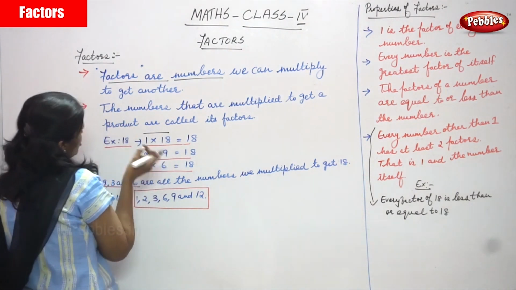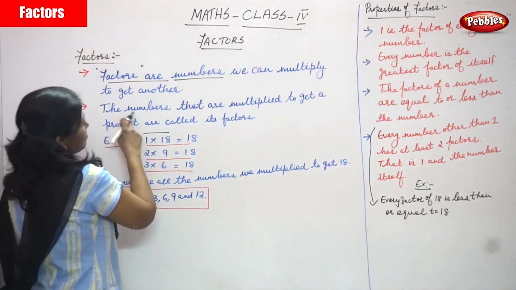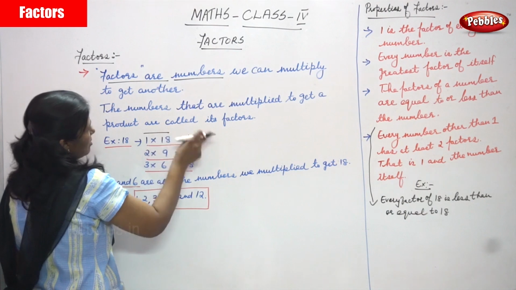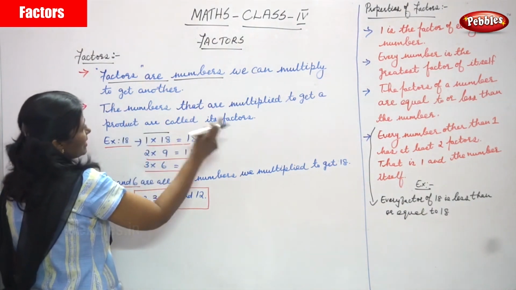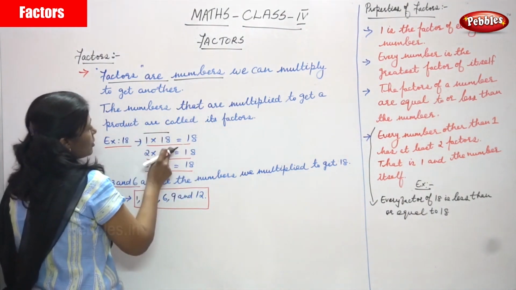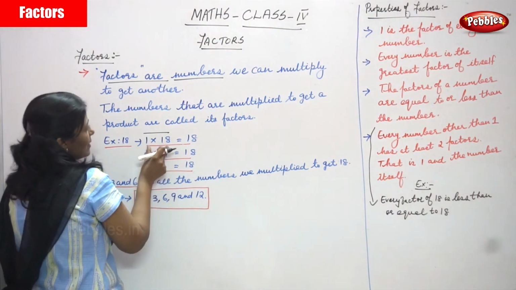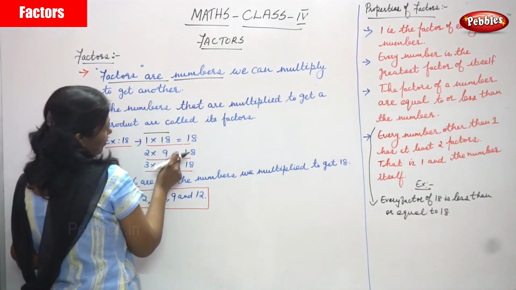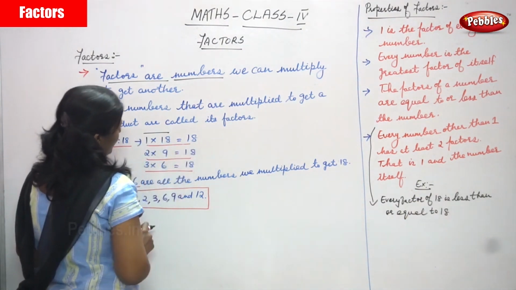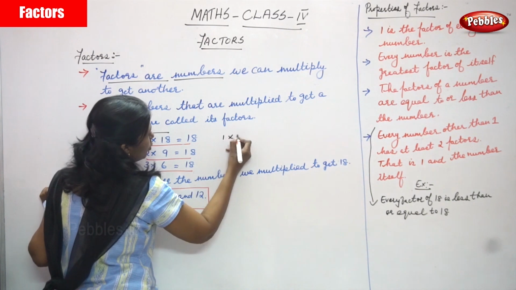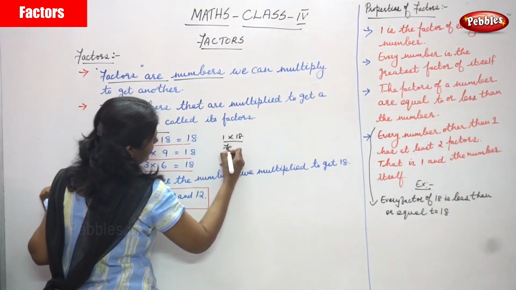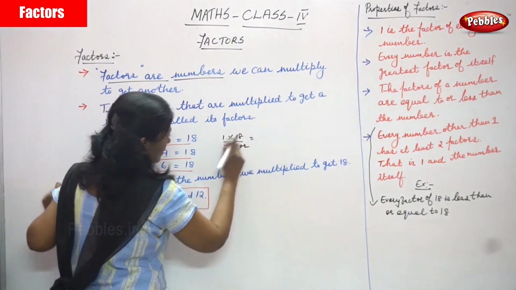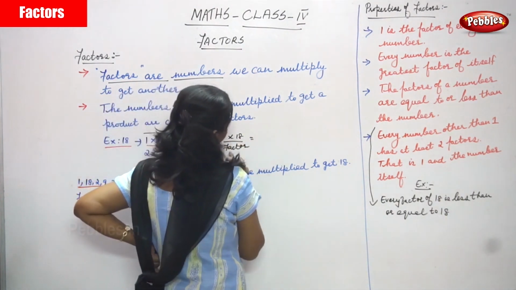The next definition of factors: the numbers that are multiplied to get a product are called factors. So these two numbers, 1 into 18, are numbers that are multiplied to get a product, so they are called factors.